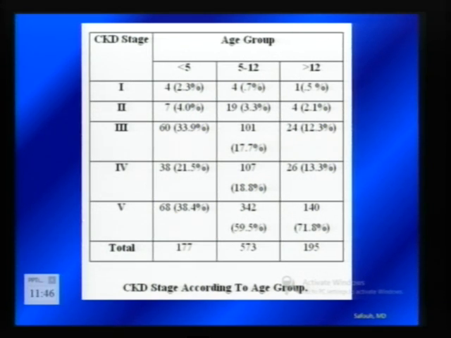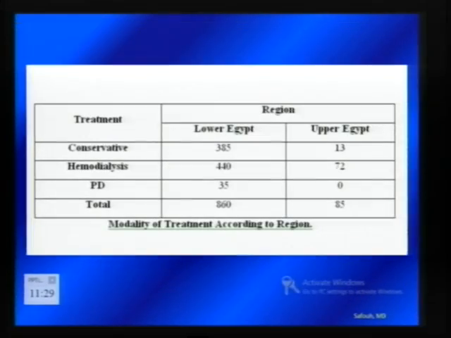And we can also classify the different stages according to age group. And of course, you can see that the majority of our patients were stage 5. As you can see, stage 5 patients constituted more than 50 to 60% of all the patients that we have been able to study.